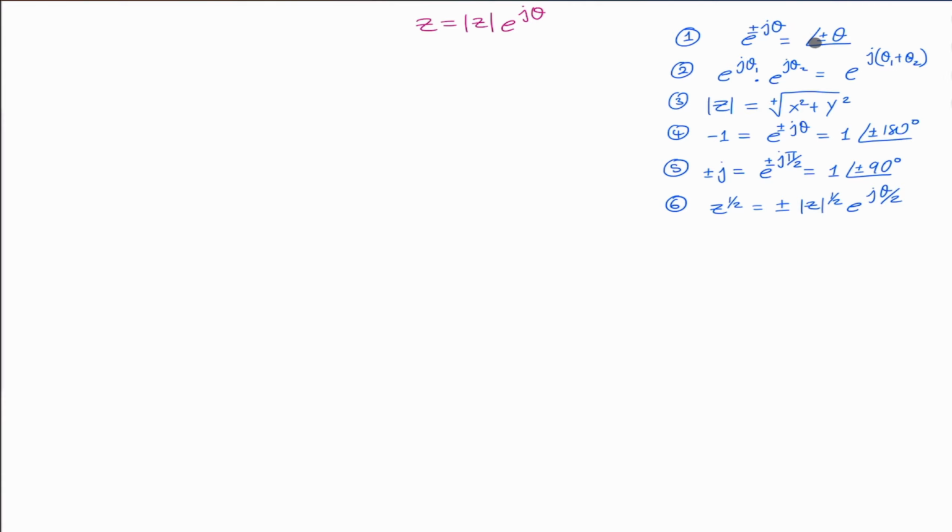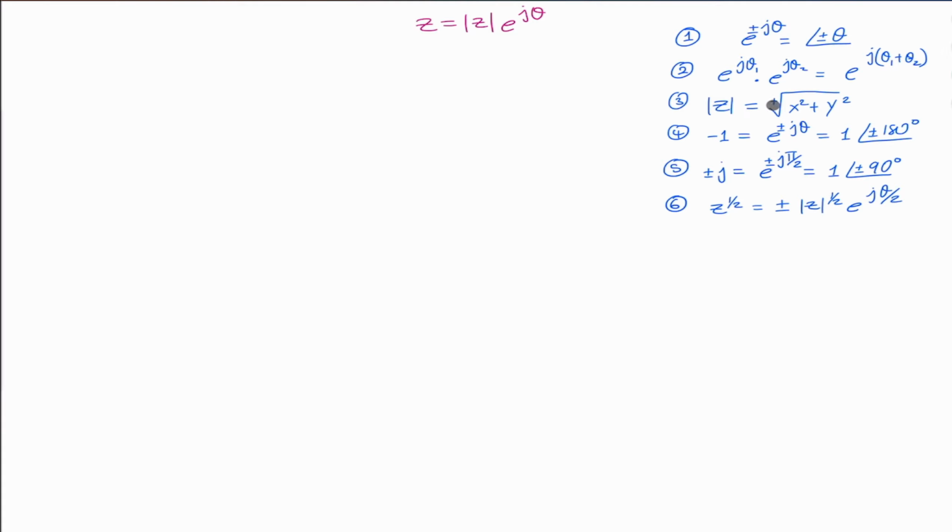We use this in our numerical calculations as shorthand notation for the complex exponential. As always, the exponential property can be applied. So if we multiply two complex exponentials together, we just add the angles.